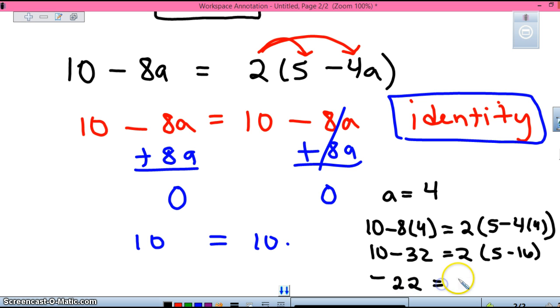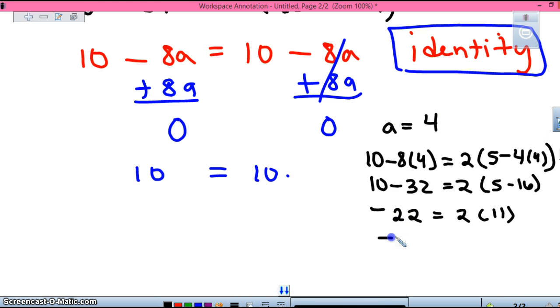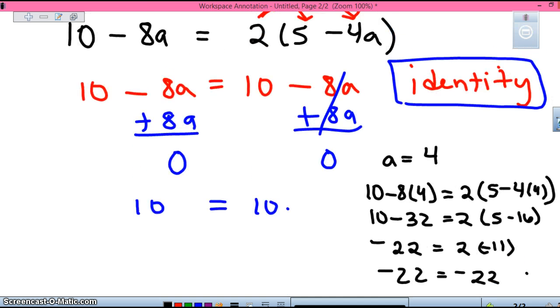Negative 22 should be equal to 2 times 5 minus 16. Is this true? This is a negative 11. This is true. So this type of equation is called an identity because any number is a solution.